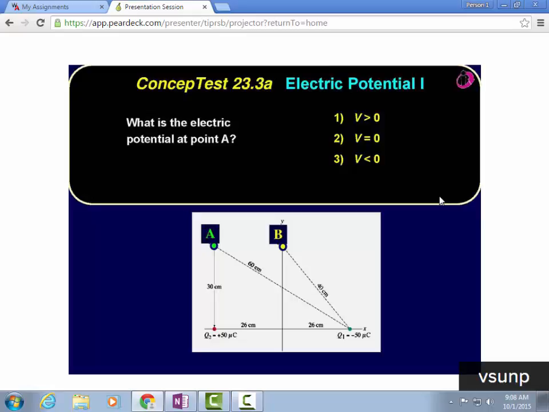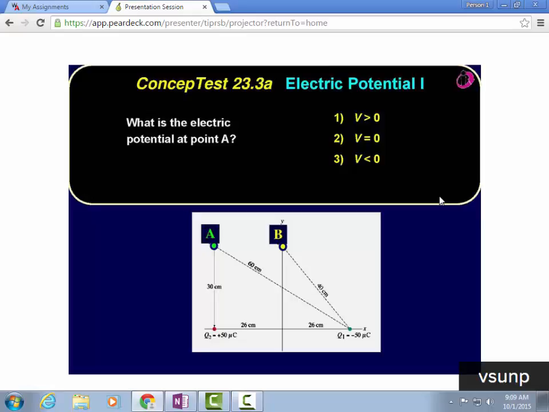What's the electric potential at A? This is going to be half. Which means it's going to be greater than 0 or less than 0?